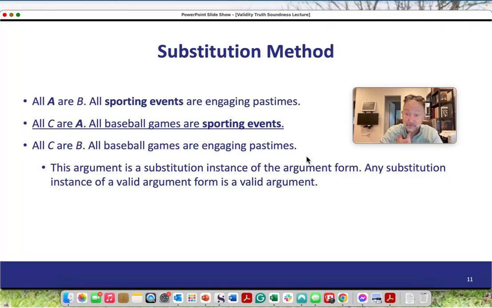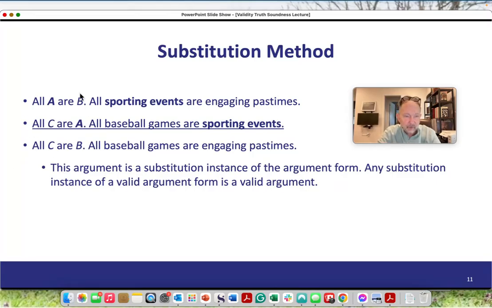I happen to like baseball. There are plenty of people who don't. I think baseball is an engaging pastime, and apparently, from the looks of things, a good percentage of the population believes that. This argument is a substitution instance for an argument form. So here's the argument form. The argument form is what we put together with these letters, and it has the feel of algebra, right?